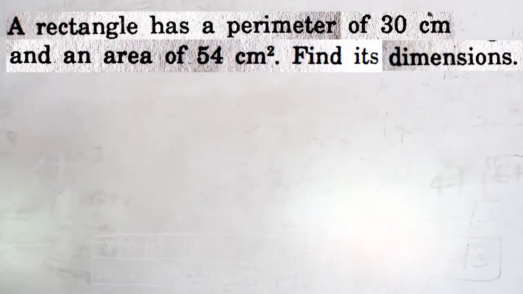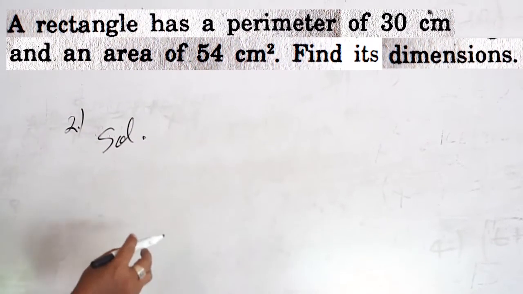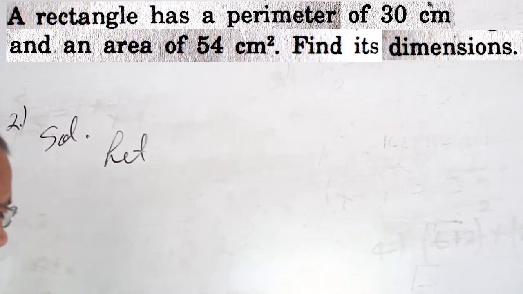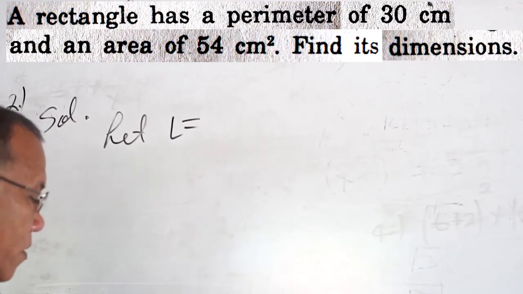For problem number 2, a rectangle has a perimeter of 30 centimeters and an area of 54 square centimeters. Then find its dimensions. So we have here the solution. Let L be the length of the rectangle.